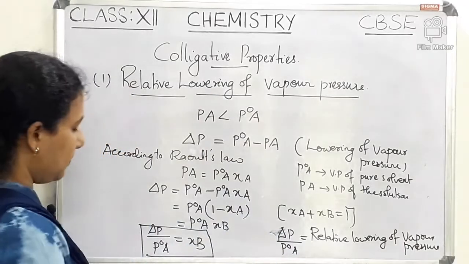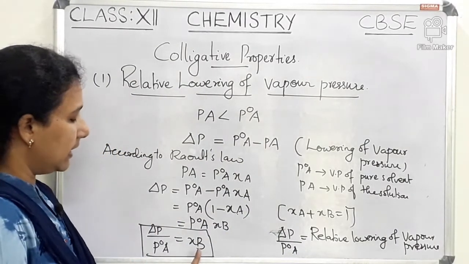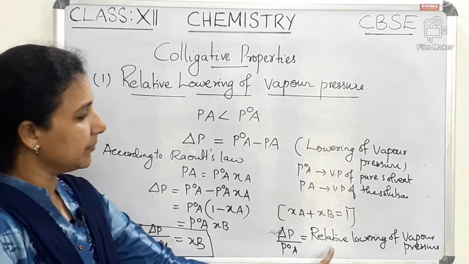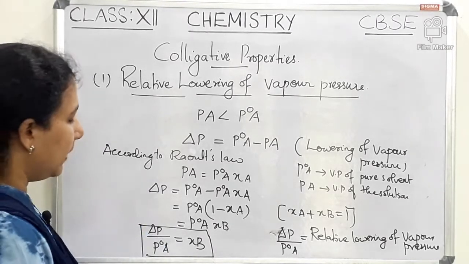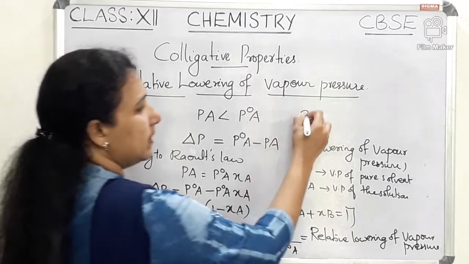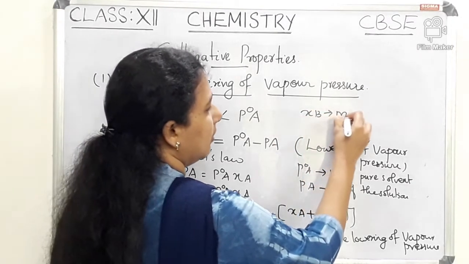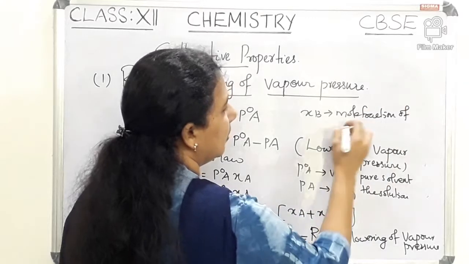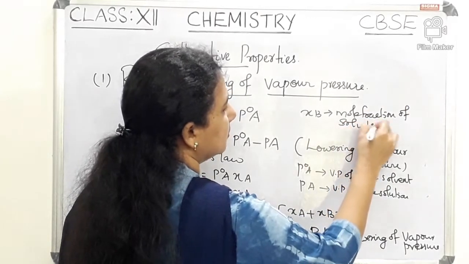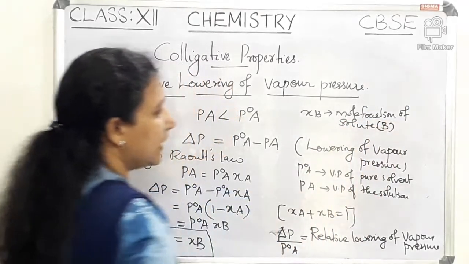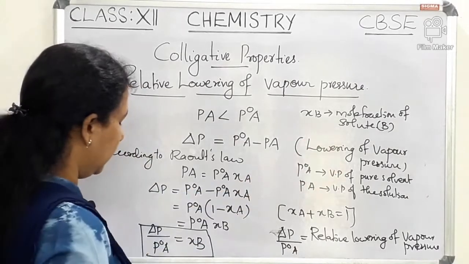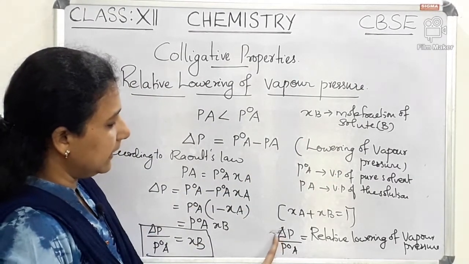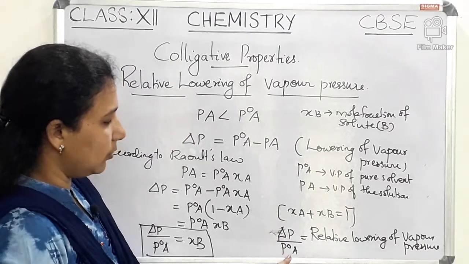So delta P by P0A equals XB, and XB is the mole fraction of solute B. So the relative lowering of vapor pressure is represented by delta P by P0A.